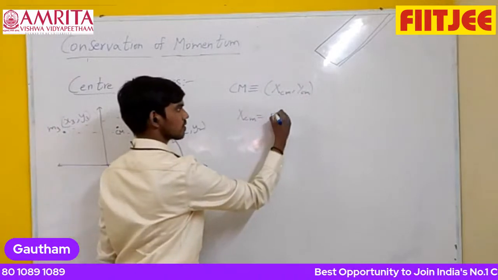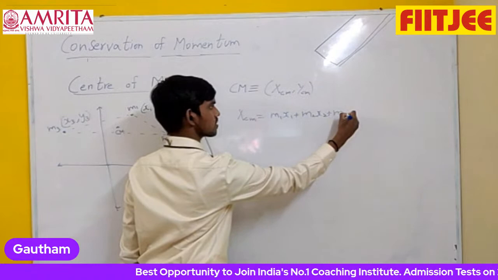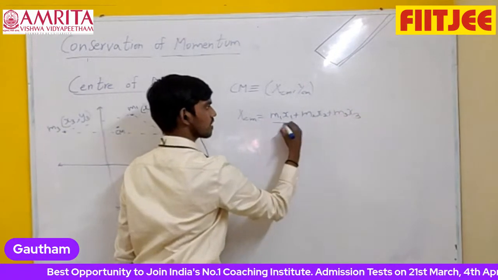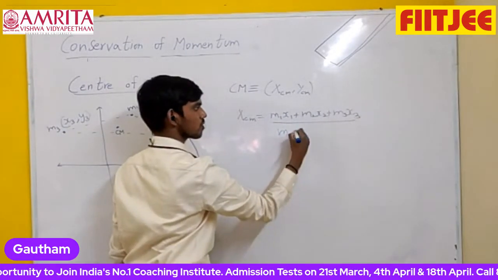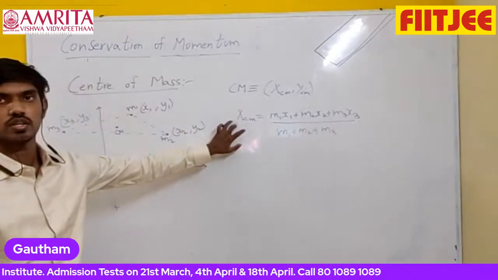So xcm equals m1 x1 plus m2 x2 plus m3 x3, divided by m1 plus m2 plus m3. This is the x coordinate of the center of mass.